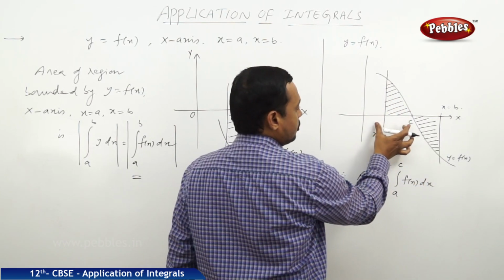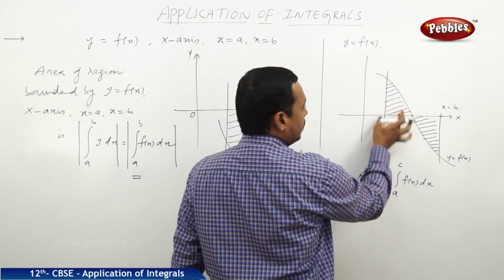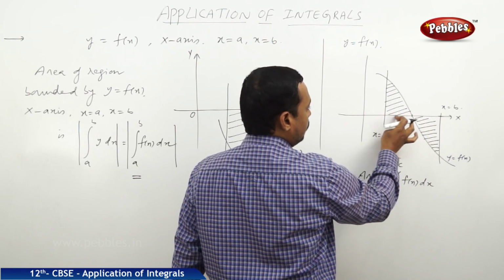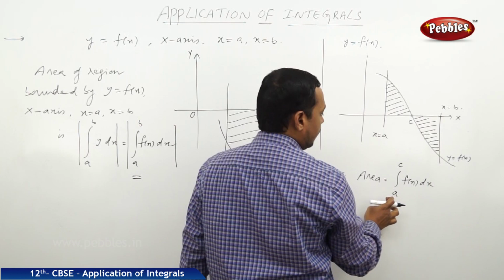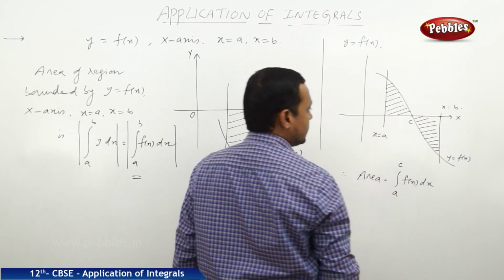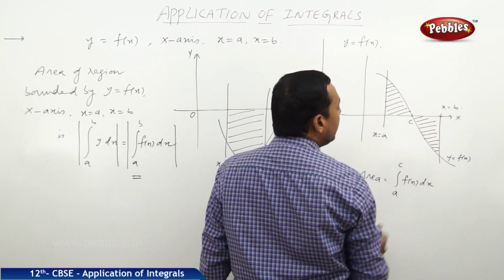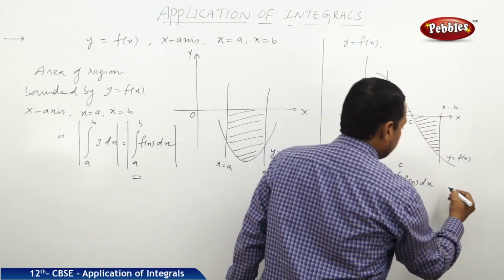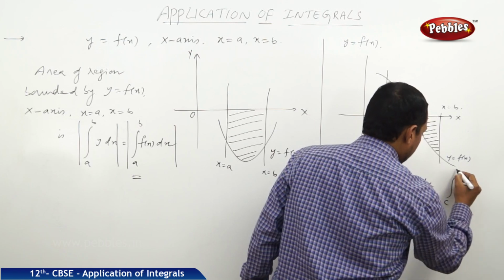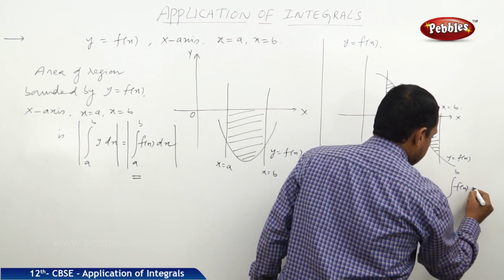Between x equals a and x equals c, the graph is above the x-axis. Therefore, the area of the portion above the x-axis is given by integral a to c f of x dx, and the area below the x-axis between c and b is integral c to b f of x dx.